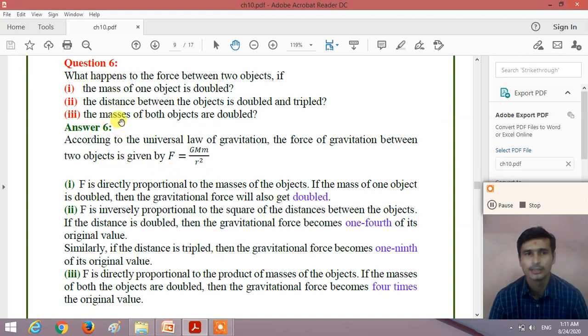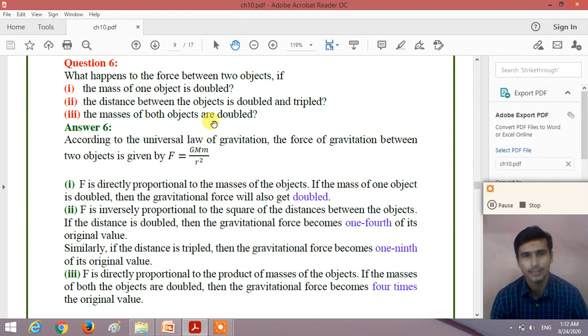The second question is, the distance between the objects is doubled and tripled. Here the gravitational force is inversely proportional to the distance between the two objects. So as the distance increases, the gravitational force between them decreases.